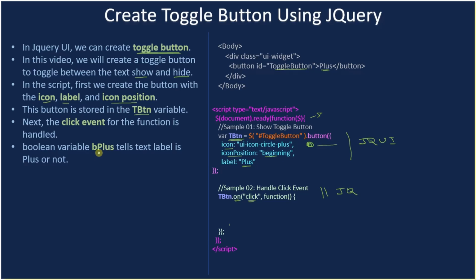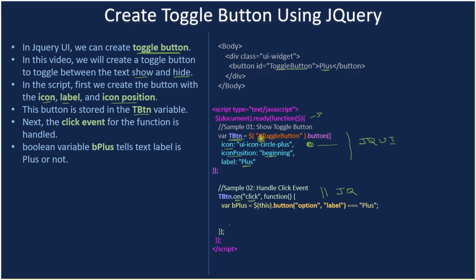The Boolean variable bPlus tells whether the text label is plus or not. So here, if you see, $(this) denotes the currently clicked button. If there are multiple buttons, this will come in handy, right? But here, since we are calling only one tbtn, there is only one button.